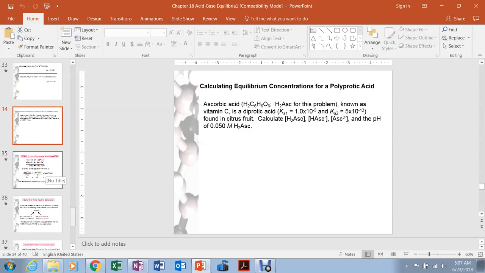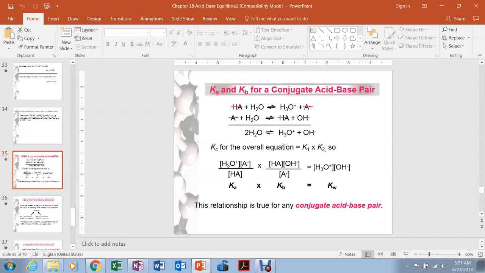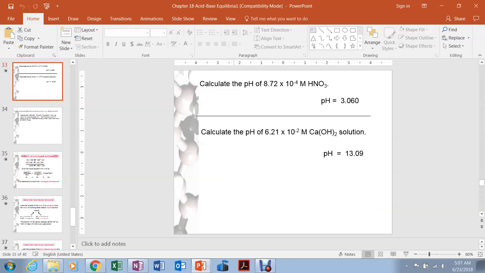The lower the pKa is, the higher the Ka. And Ka multiplied by Kb gives me Kw. But we'll do that on Monday, and you don't have to worry about this right now.